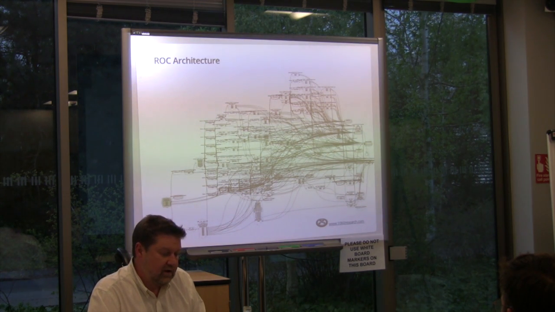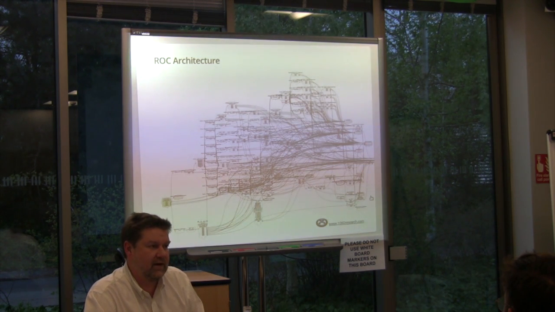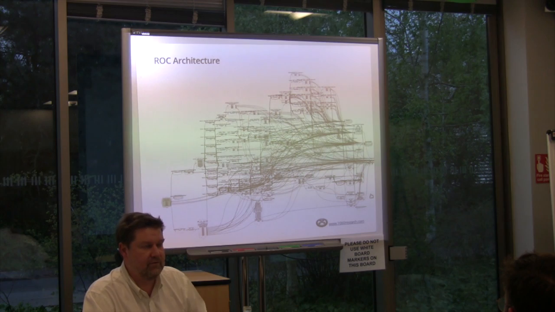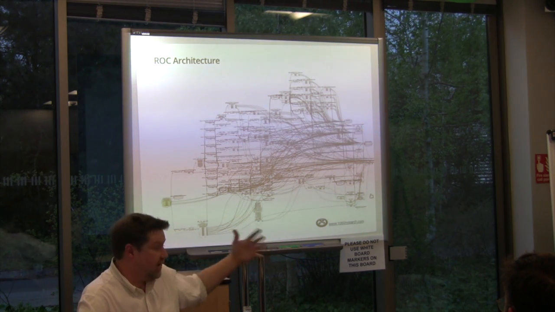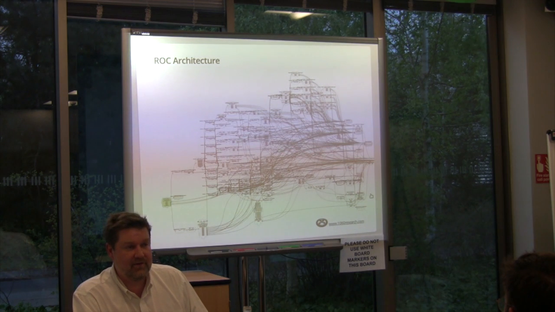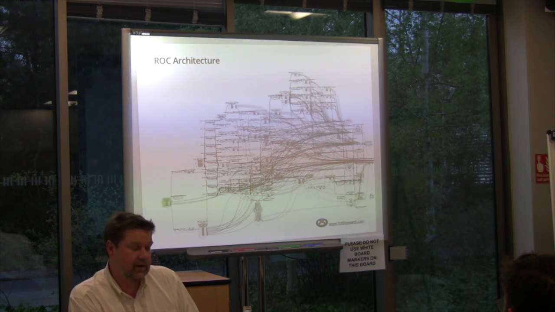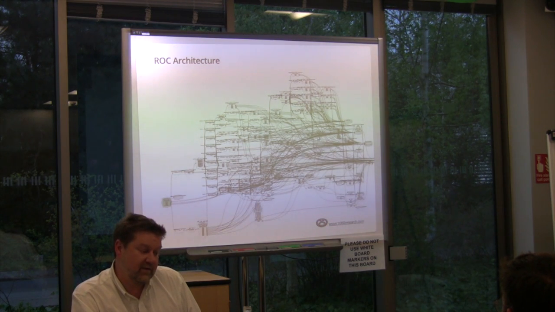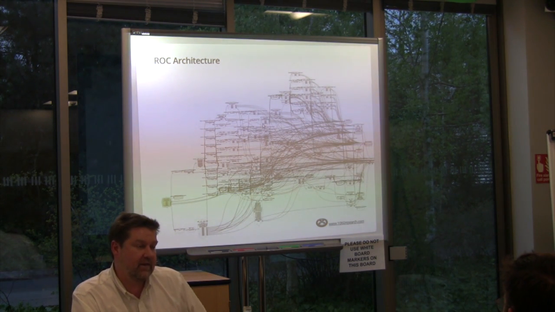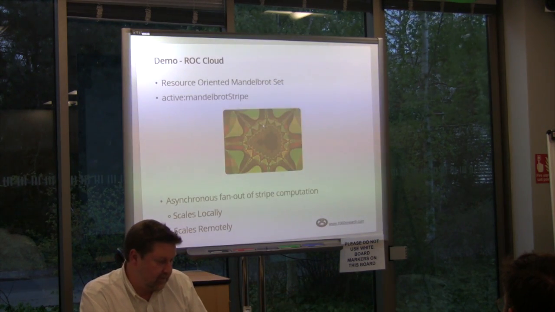And of course, this is almost like going full circle, because you can do that. You can use HTTP. You can make requests out into the web and have services come back. But you can see that HTTP and the web is only a partial story. It's only half of the picture. What we want to do is take this ROC abstraction and make that work across devices as well. So that's this last part.